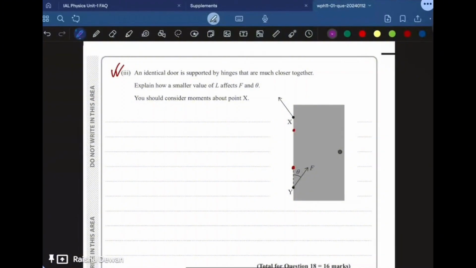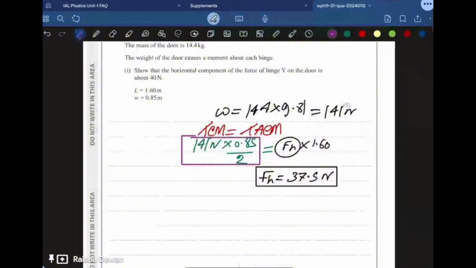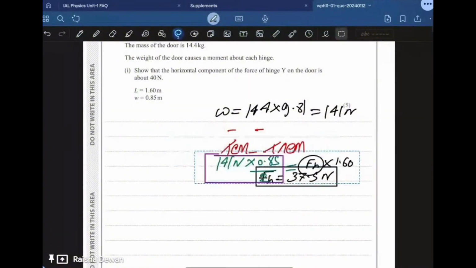So this L value will be smaller. You should consider moments about point X. So you will have to take moments at X. If we take pivot at X, our equation was like this.